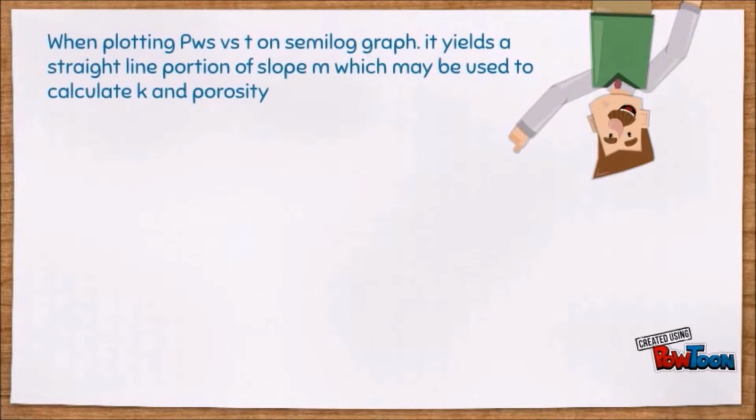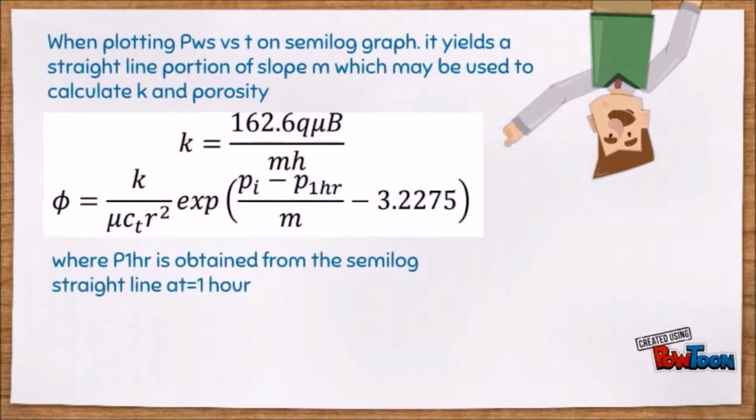So when we plotting PWS versus T on a semi-log graph, it yields a straight line portion of slope M, which may be used to calculate permeability and porosity, where P1HR is obtained from the semi-log straight line at T equal to 1 HR. For example, we have plotted the PWS versus T on semi-log graph.